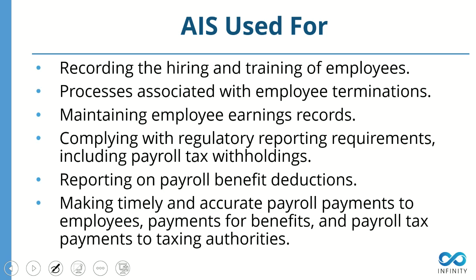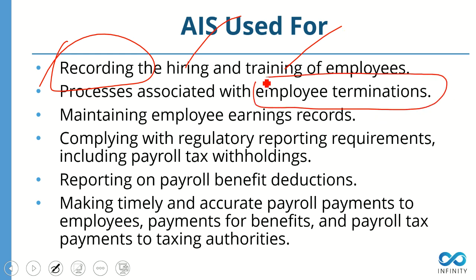And we can use AIS for recording hiring and training of employees and all the processes related to employee terminations, like how many years he was working, what was his joining date, and how much amount we had to pay. All that information you can get from AIS. And his earning records.